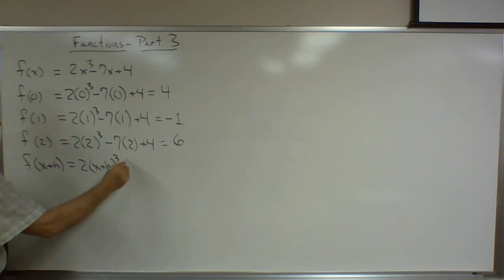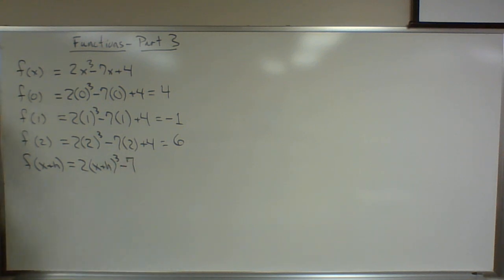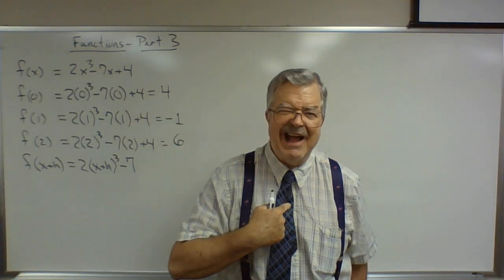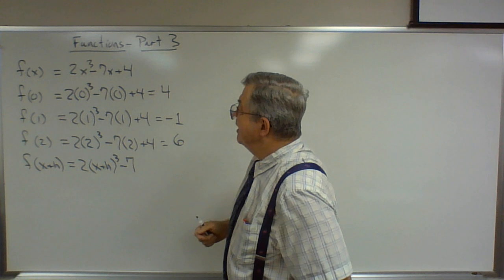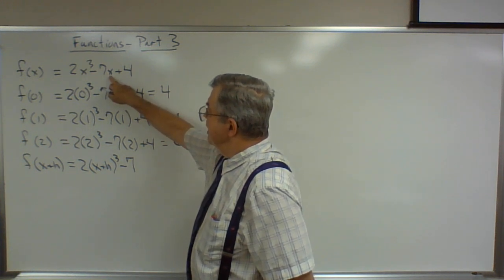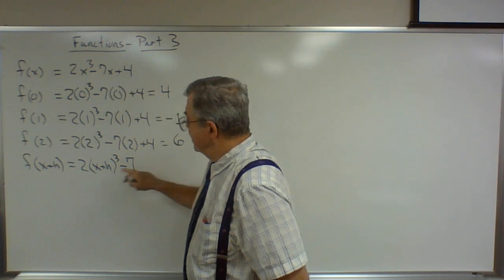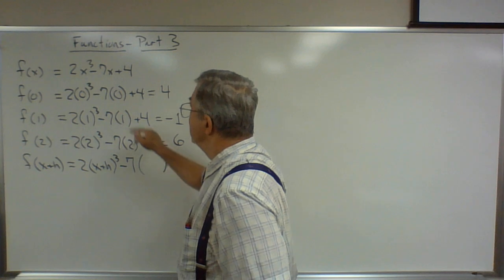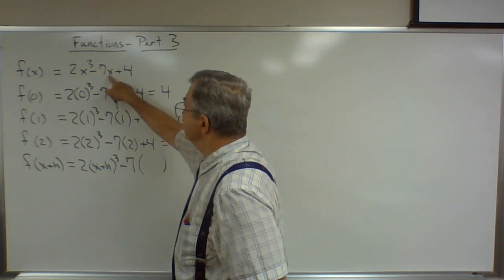This isn't so complicated. This is so easy, even I can do it. Okay, we see an x up here in our model. And so down here, we're going to put x plus h. Up here, we have negative 7x.